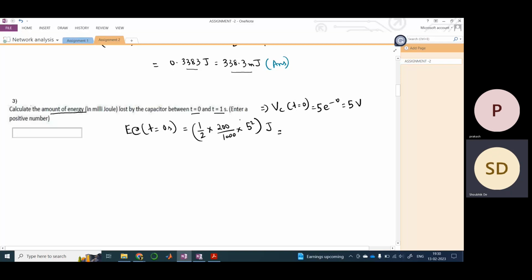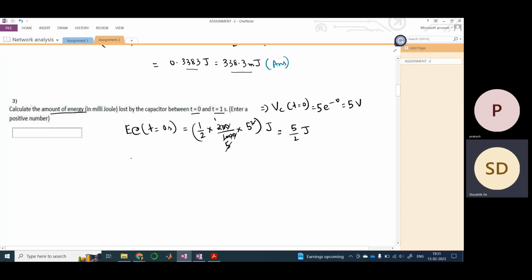Okay, I made a mistake. So this two will cancel, then this would be 5, and this 5 will get cancelled. I'm really sorry for the delay. So this would be 5 by 2 joule, or 2.5 joule, right?